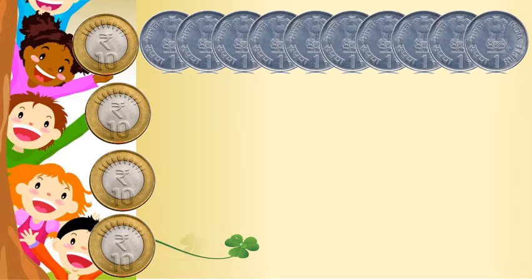Thank you. Now Raj's turn. I gave Raj a 10 rupee coin and he is giving me 2 rupee coins. How many 2 rupee coins will he give me? We'll see.